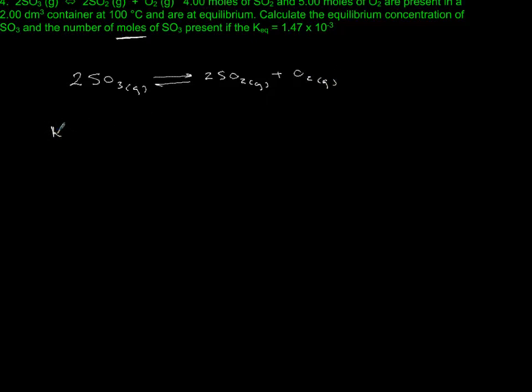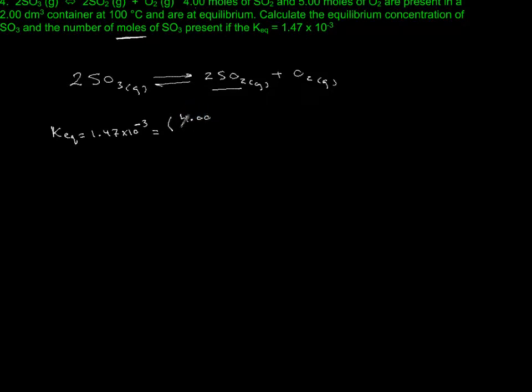K equilibrium is given to me. It is 1.47 times 10 to minus 3, equal to concentration of sulfur dioxide squared. So let's just find that. Sulfur dioxide squared is 5 moles divided in 2 decimeter cube container. Sorry, 4 moles.